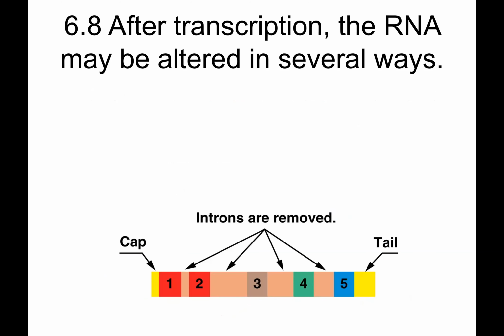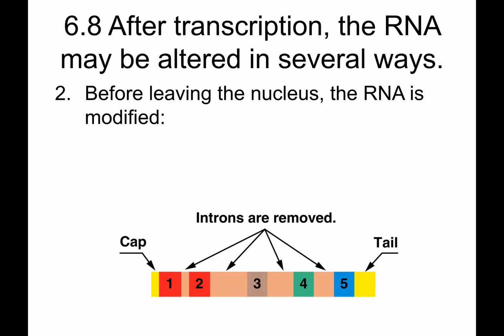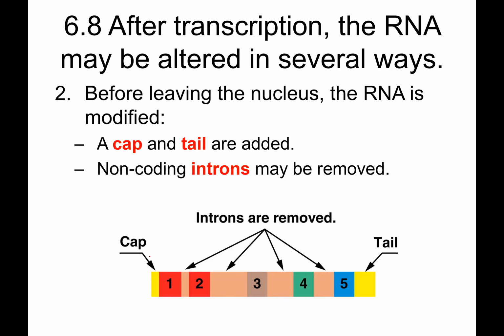After transcription has occurred, the RNA that's created has to be altered before it can leave the nucleus. Before RNA leaves the nucleus, after transcription, it is modified. So you add the cap and the tail, which we talked about in the video.